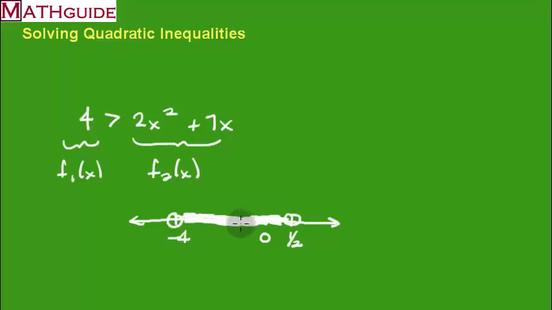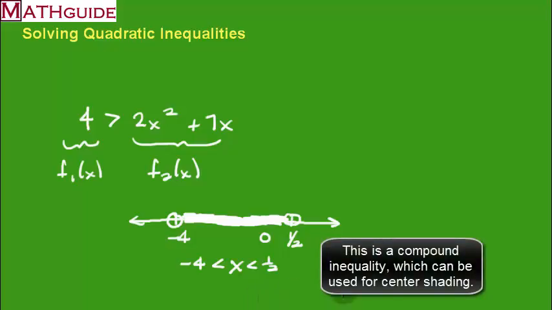And there's our solution. These open circles are not part of the solution, but everything else is. So how do I represent this using inequalities? I would say that these are all the values that are less than a half but greater than -4.5. And there you have it.